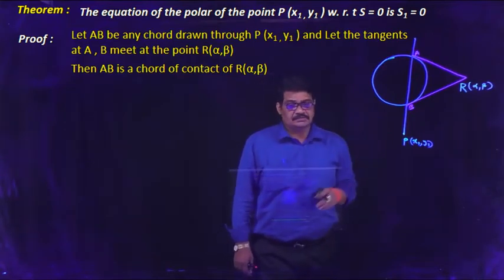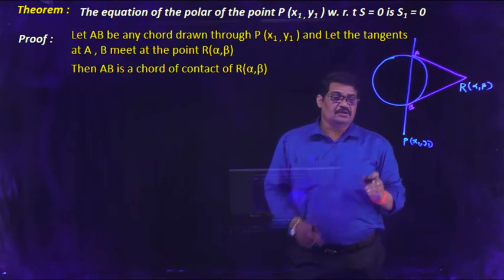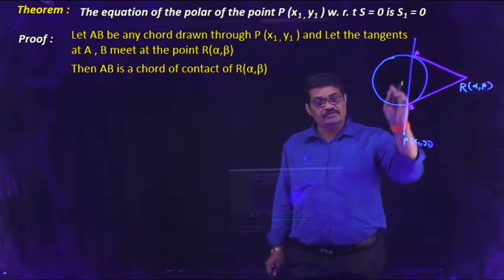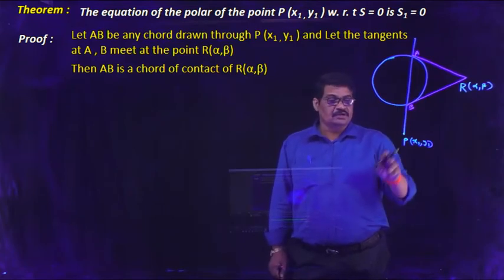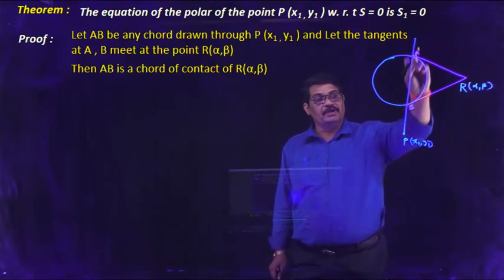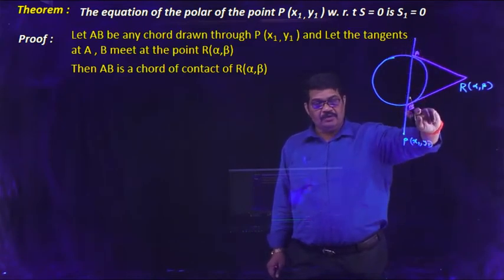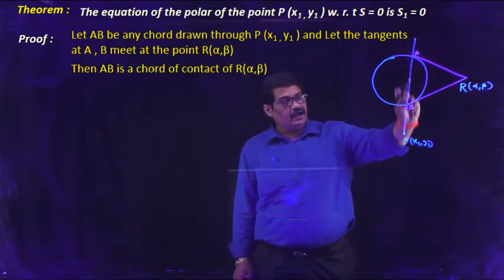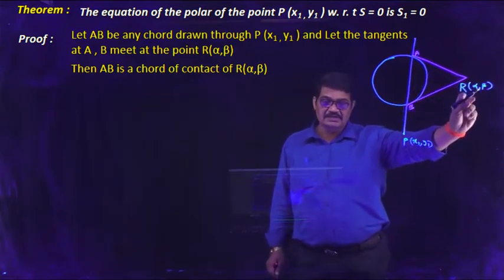Now this is the diagram. What is the polar equation of the point P(x1, y1) with respect to the circle? The definition of the polar: draw a secant through P to the circle, meeting it at A and B. Now we write the tangents at A and B. The locus of their intersecting point is the polar.